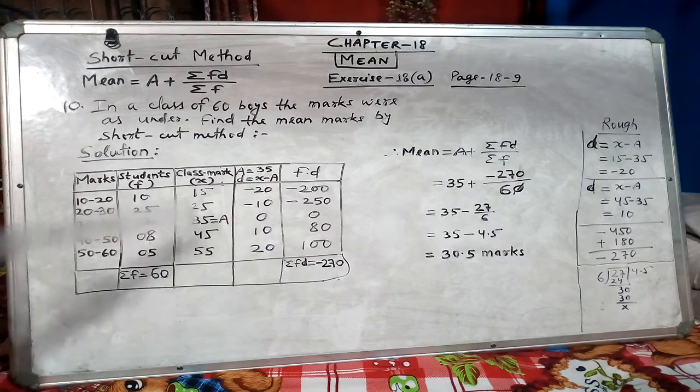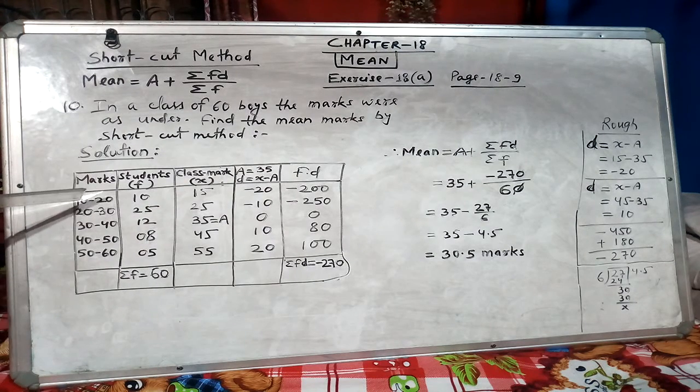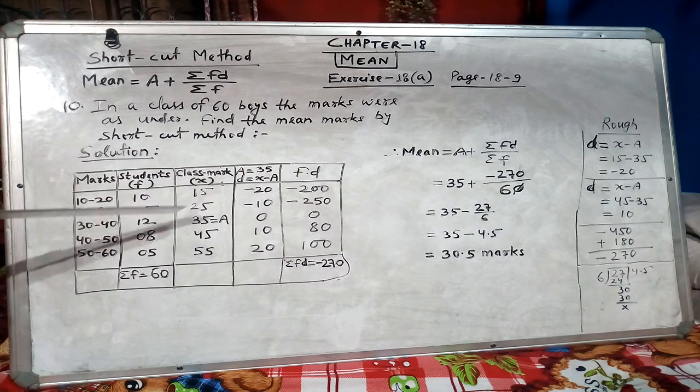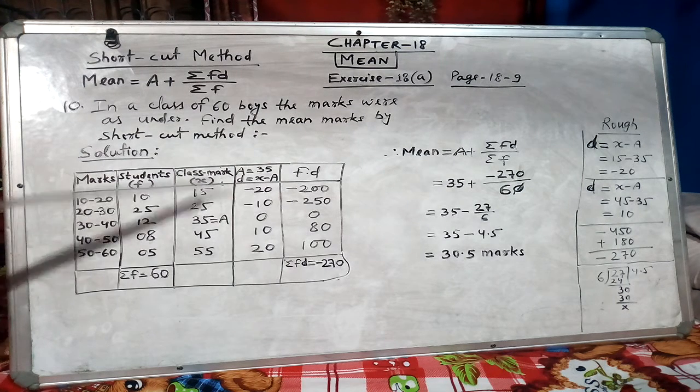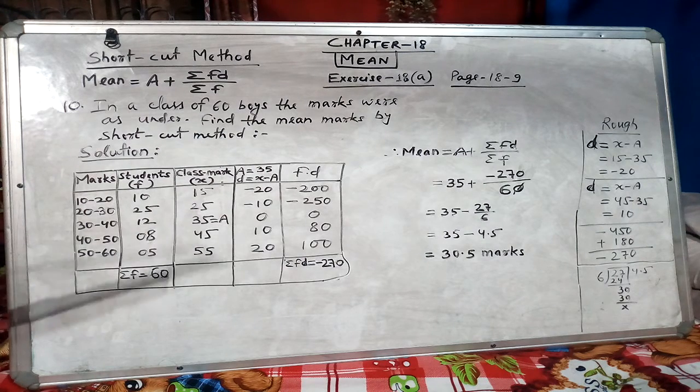Now this you also know, class mark means the middle point of these marks. For 10 to 20, what is the middle? That is 15. For 20 to 30, the middle is 25. Similarly I have written for everyone, 50 to 60 is 55. Now you can see one new thing in this shortcut method. In the class mark column, the value of x, I have written a.